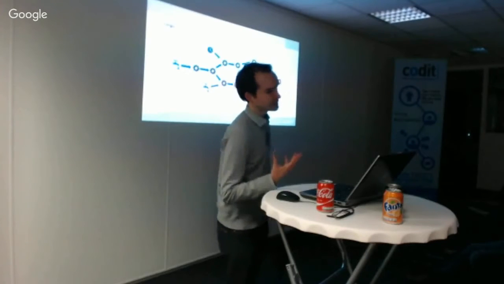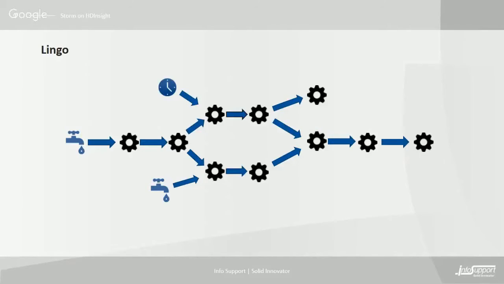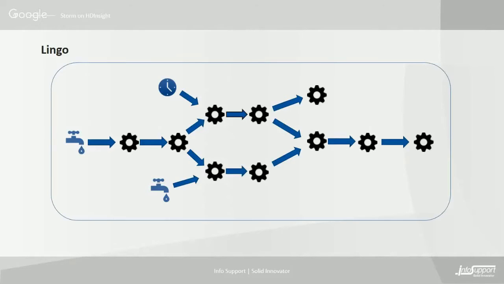And there can even be system events, like I want to do something every 5 minutes or every minute or whatever, that can also trigger a bolt to do something. All of this combined is called a topology, and that's your Storm application. These Storm topologies are what you will deploy inside your HDInsight Storm cluster, and it will run and produce values.